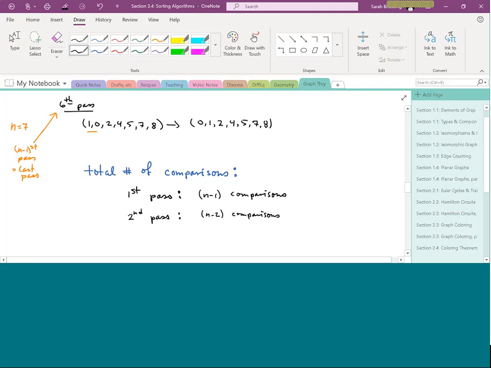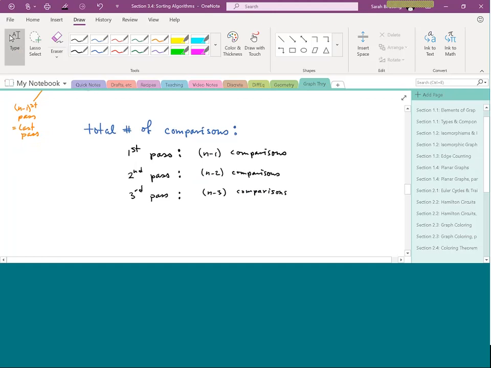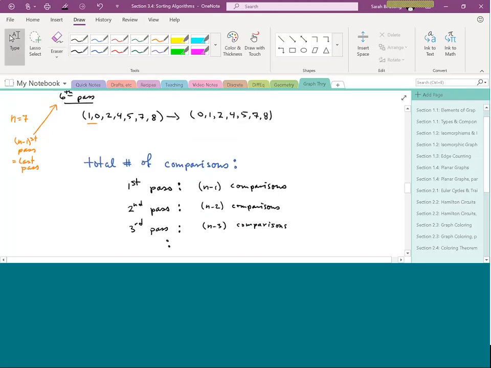Any guesses how many comparisons you get in the third pass? Yep, perfect. So each pass, 1 fewer comparison. Now, could you, for each one of these passes, always do n minus 1? Technically, yes, but let's not. Okay. Now, you keep doing this until you get to your very last pass. And notice what we talked about right here.